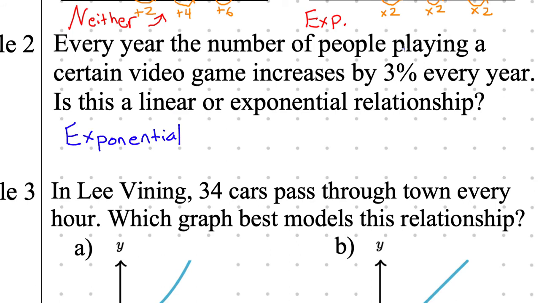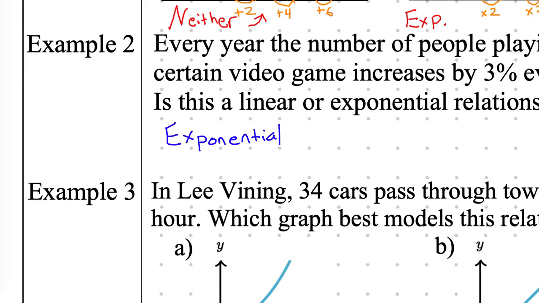Because when I increase by 3%, what you're actually saying is, well, I guess you're saying two things. First, you're saying simply, I have my 100%, which is what I didn't change anything, and I'm adding 3% to that. And you might be thinking, okay, well, that sounds like I'm adding the same amount each time. What you're actually saying is, I can turn these into decimals, and I'm really multiplying by 1.03.